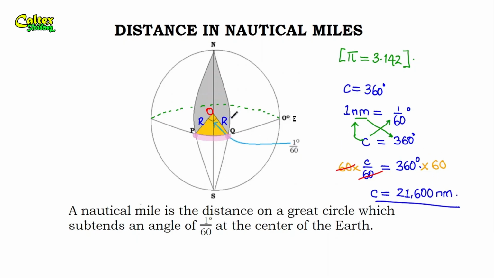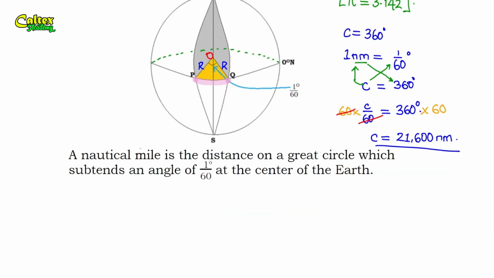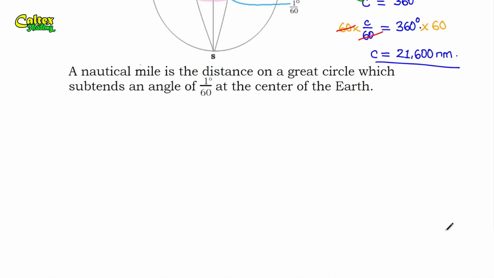And the second one is about the radius. How do you get the radius? The radius can be calculated from the formula of circumference of a given circle. Assuming this is our great circle, the diagram is not accurate, but don't worry about that, we have a radius r, and we're expected to get the distance around here.